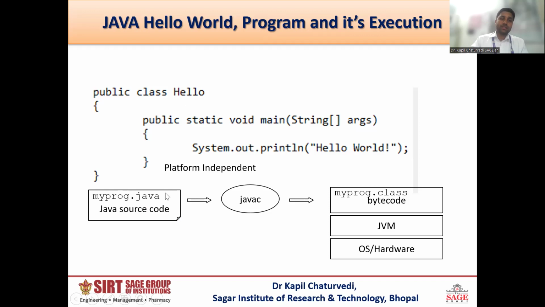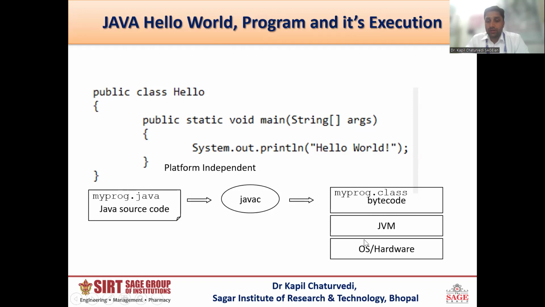Once I save that program, I will compile it by using the javac command. If the program is properly compiled, it will generate a file with the extension .class on the same drive where our program is saved, and inside it the byte code of that source code will be there.